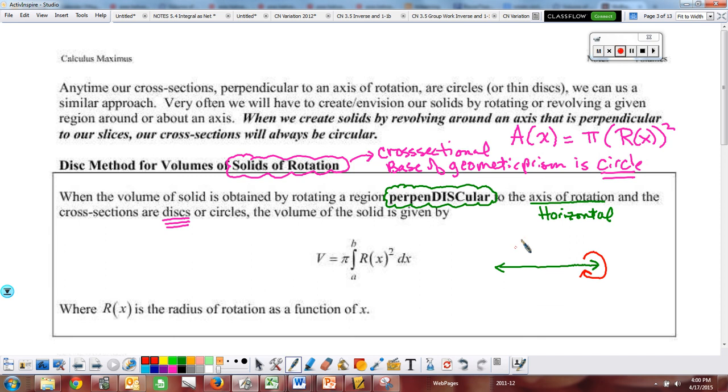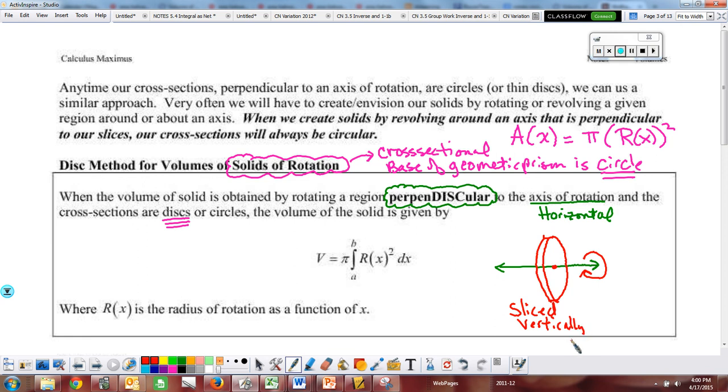When we rotate around that, you create basically an irregular shaped figure, but the prism that we're slicing it into, each slice will always be a nice disc. And we always slice perpendicular to the axis of rotation, always. When we do this one right now, the axis of rotation is horizontal. We sliced vertically here.